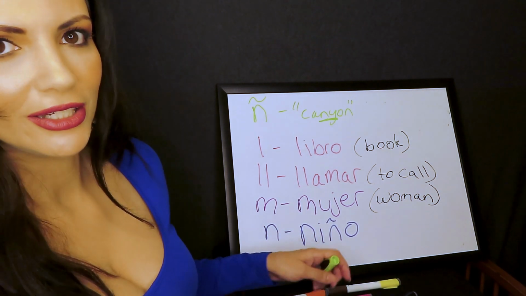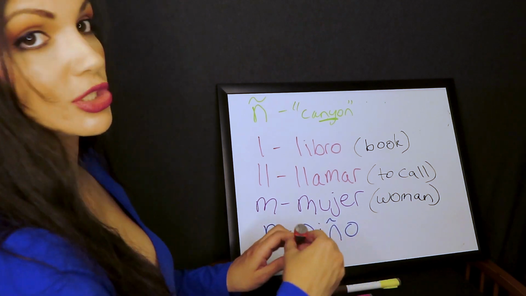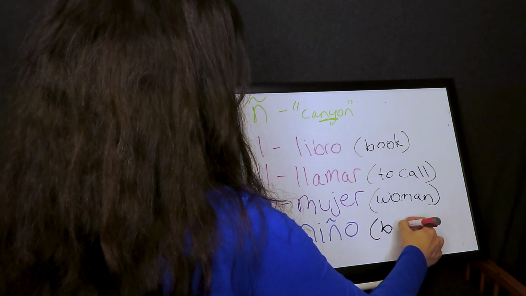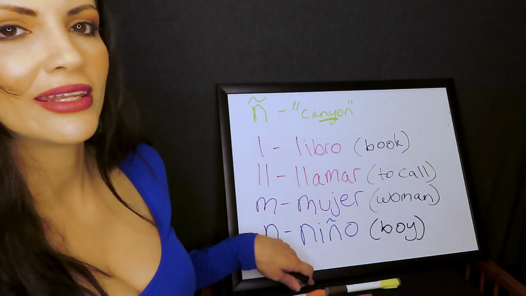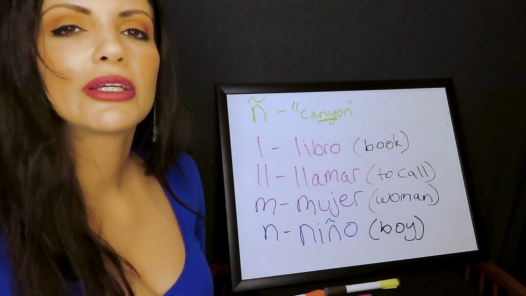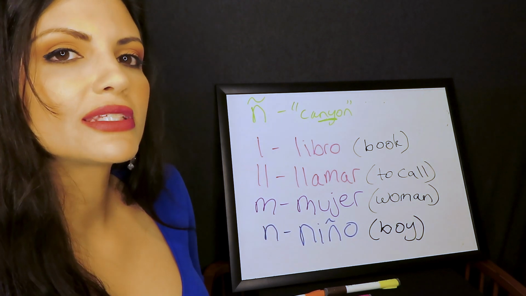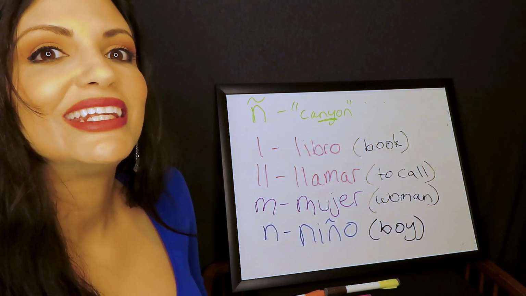So in the word niño, which means boy, by the way, the first N is pronounced like a regular English N, ni. And the second one has an NY sound, ño, niño.